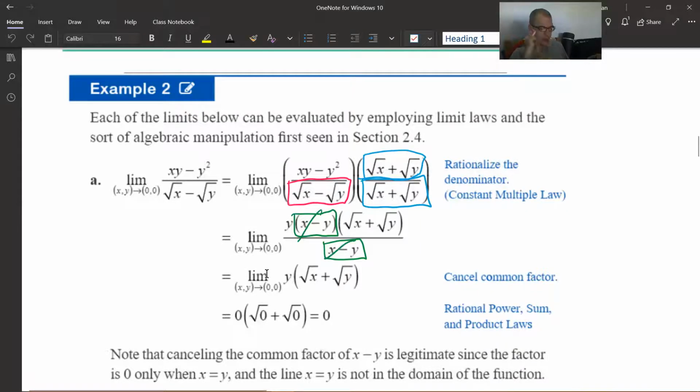Those cancel, so that when we plug in the limit 0 for x and 0 for y, we just get 0, which is a real number, and that's a fine limiting value. So using the conjugate to algebraically manipulate this function into something where we can just evaluate the limit, that's a thing. It should feel pretty similar to the kind of stuff that we were doing with limits back in Calculus 1.